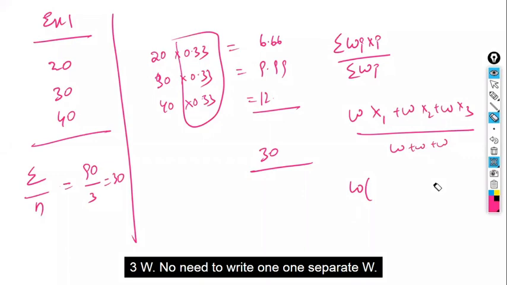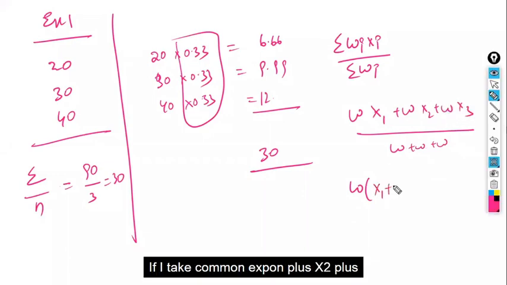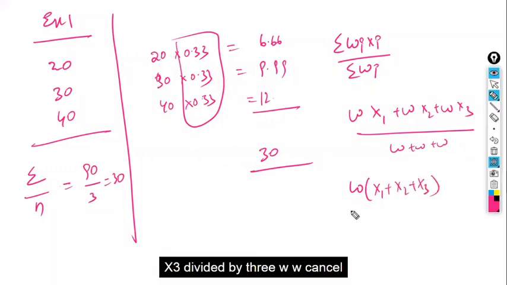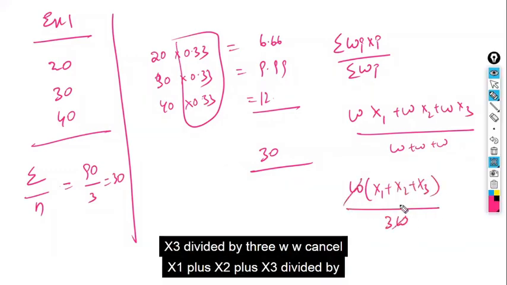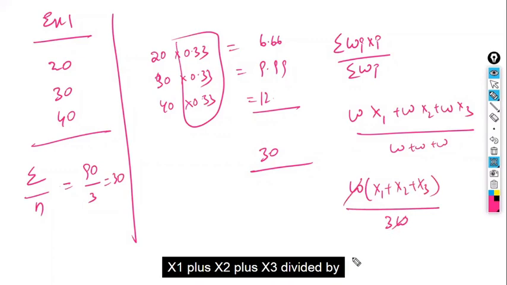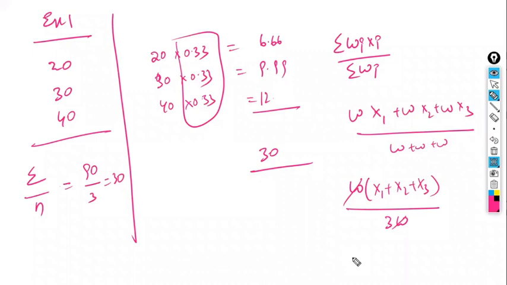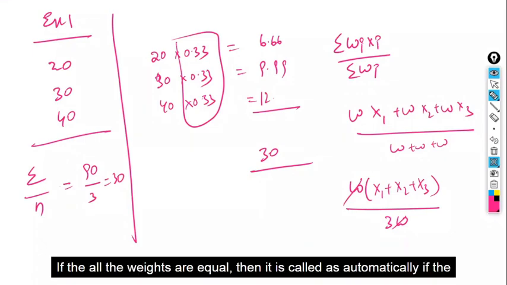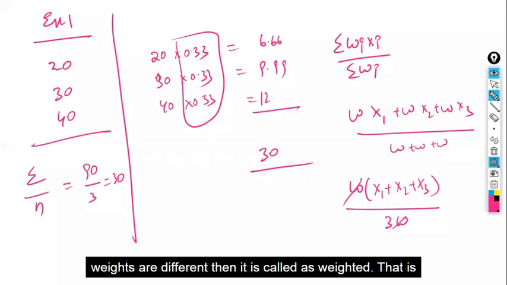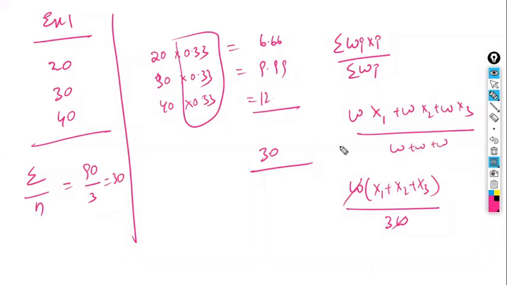If I take W common, x1 plus x2 plus x3 divided by 3W. W cancels. x1 plus x2 plus x3 divided by 3 is called the arithmetic mean. If all the weights are equal, it is called arithmetic mean. If the weights are different, it is called weighted mean. That is the only difference between the arithmetic mean and weighted mean.